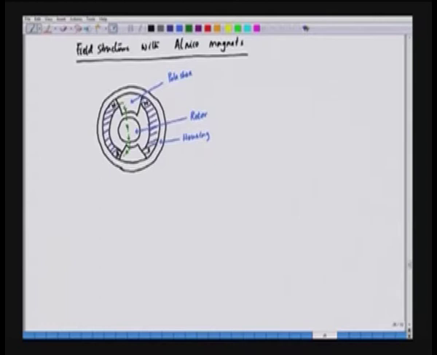Similarly, in this case, the flux line will come out of the north pole, through the pole shoe, enter the rotor core and then return through the south pole. So, these are the flux lines in this motor, where the magnets are basically long magnets.